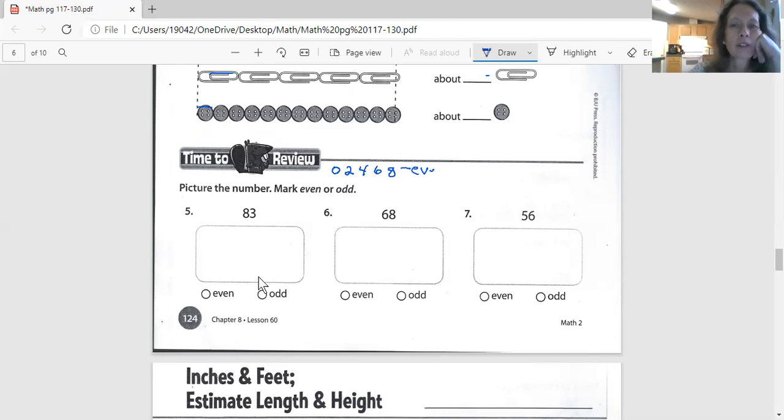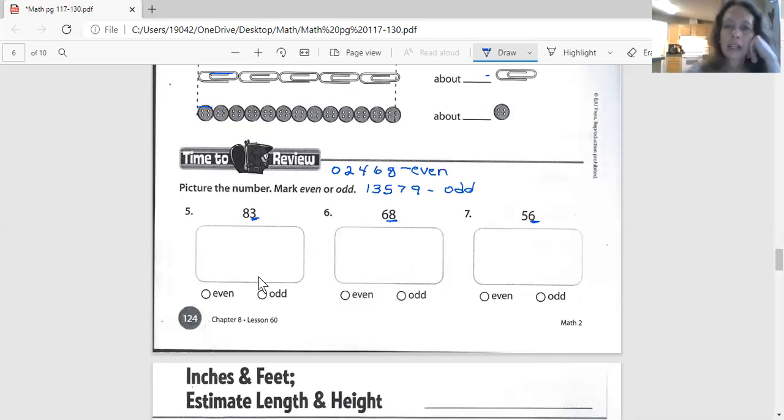I know it's been a long time since we've looked at these. If your number ends with 1, 3, 5, 7, or 9, your number is odd. Okay? And you always look at that back number.